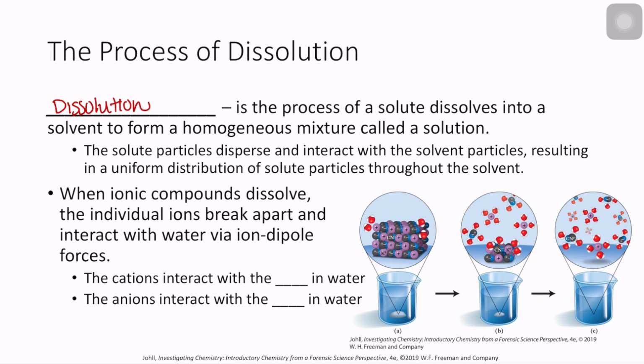When it happens, the cations are going to interact with the oxygen in water because they're going to be attracted to the partially negative charge. The anions are going to interact with the hydrogen in water because they are going to be attracted to the positive charge.